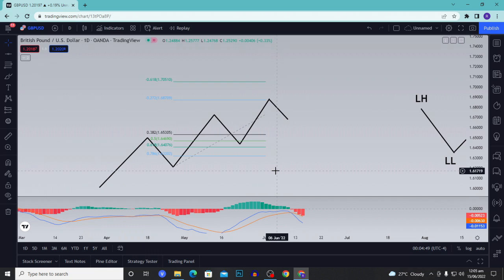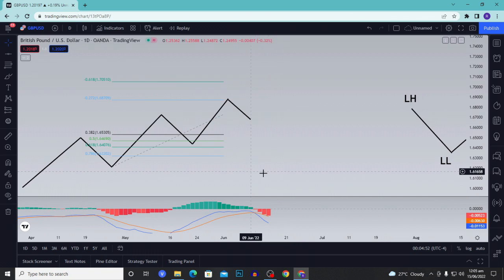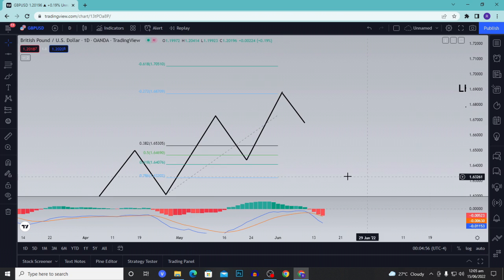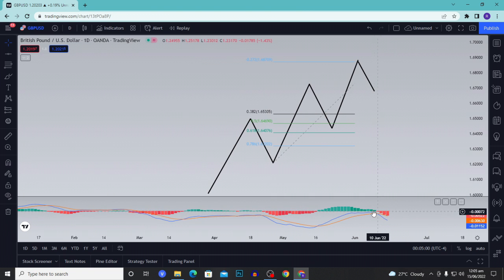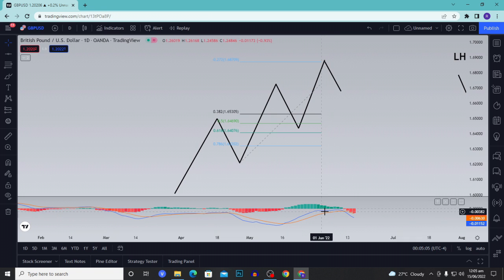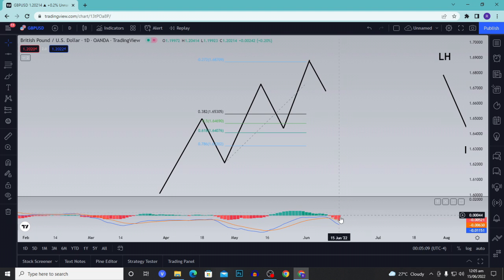Now, in order to enter the trade, we want everything to switch. We want both of these to be true. We want the MACD line to cross above the 0 point on the MACD, and we want the EMAs to cross.